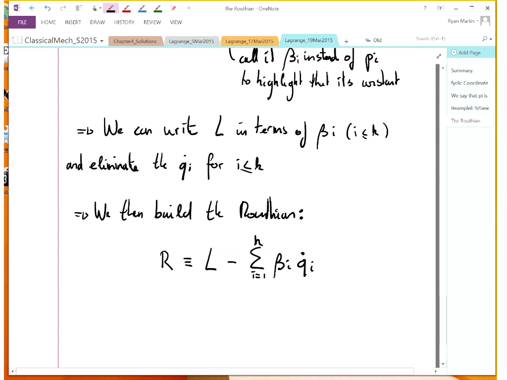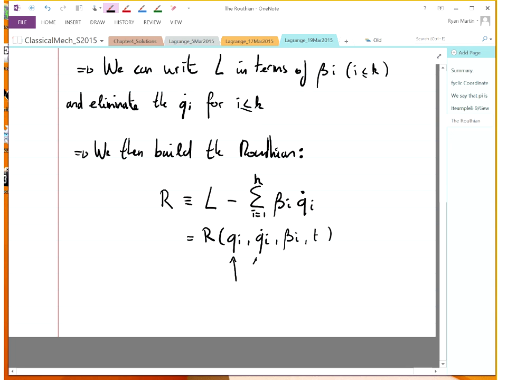So it's only for the first k terms that we do this sum, and that gives us the Routhian. So the Routhian is a function of, this is an awkward way to write it, it's a function of q, q̇, beta_i, and t. We have to be careful because the indices on the q and q̇ are i bigger than k, whereas the i's that are on the betas are i's less than or equal to k.